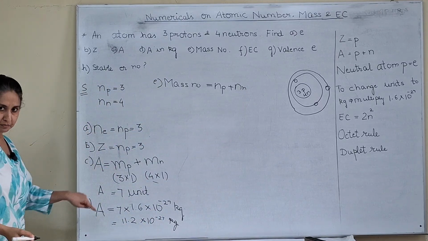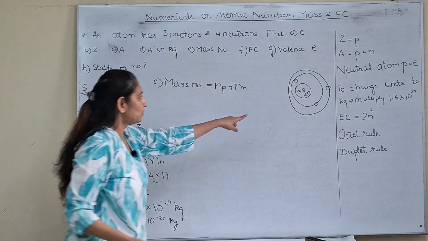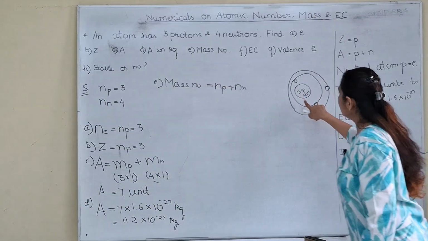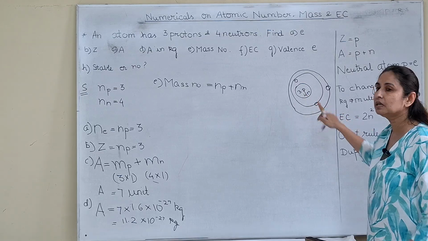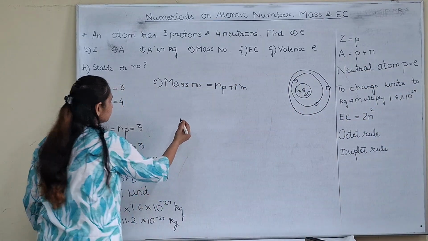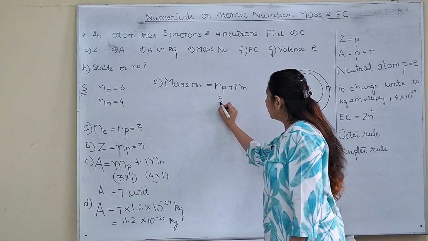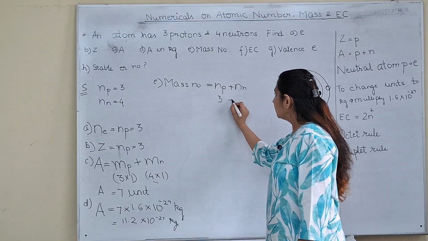Here it is mass of proton and mass of neutron. Here it is how many protons are there and how many neutrons are there, the number, and then you add it. Now how many protons are there? It is 3. And how many neutrons are there? 4.